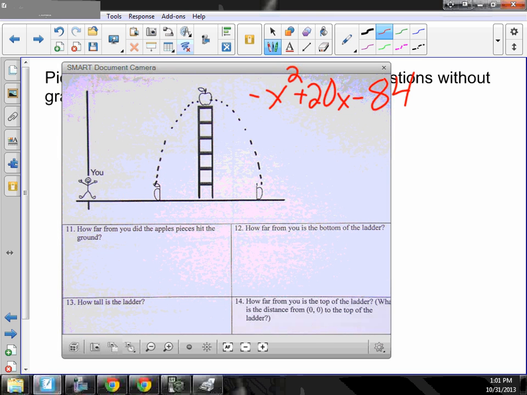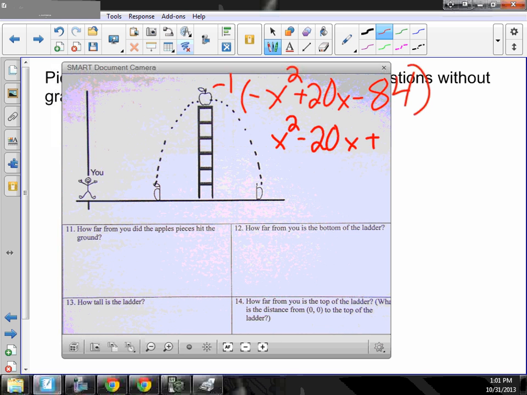In fact, those rules I gave you for factoring only apply if the quadratic opens up. So what do we do? We times by -1 or divide by -1, or flip it upside down, however you want to say it. If I times this whole thing by -1, then I get x squared minus 20x plus 84.